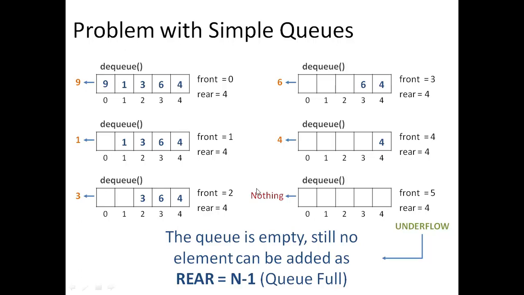Moreover, we can observe that there is space to add more elements to the queue, but due to the condition which we have framed for simple queues, we are not able to use this space.